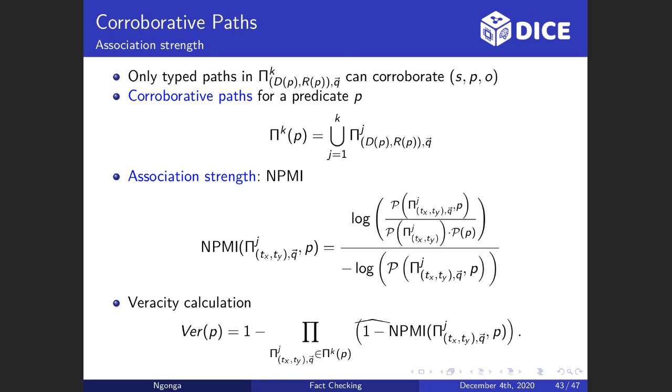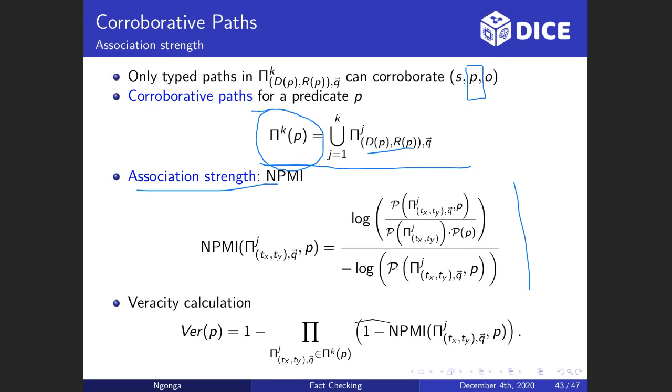You can define corroborative paths for a predicate as being basically the union of all the possible paths of length k which abide by the constraints of domain and range. And you can now define the association strength between a particular predicate P and a particular path. I'm not going to go through the equation. Fundamentally, what it tells you is you have to use the normalized pointwise mutual information, but you have to be careful in the way you compute it.